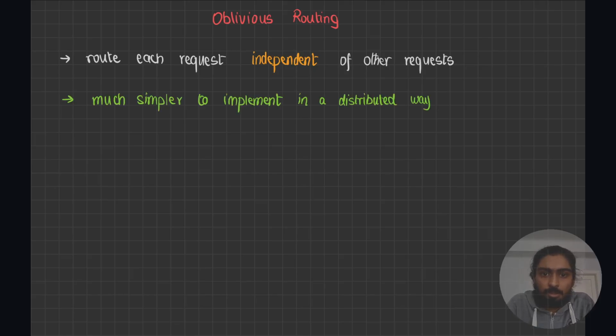Right? The nice thing about this is you don't need to remember how previous requests were routed, so it's much simpler to implement. All you need to do is look at your current request and route it in some way. Of course, it's going to have worse congestion because you're not taking all the information you have into account.